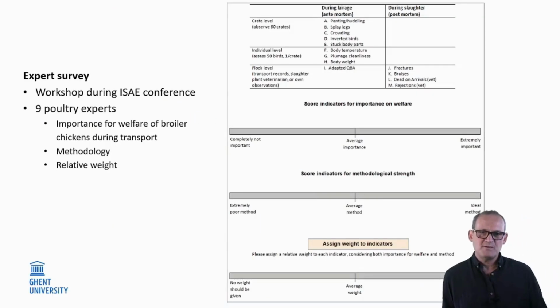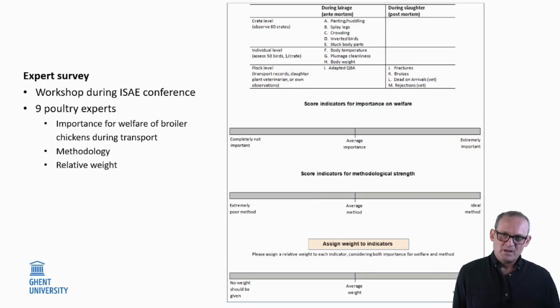How did we do that? Again, we surveyed poultry welfare experts, and we gave them information about the remaining welfare indicators, and more information about how they were measured in practice, and we asked these experts first to score how important they considered that indicator for broiler welfare, and secondly, we asked them to score how they considered the methodological strength about how exactly we measured that indicator.